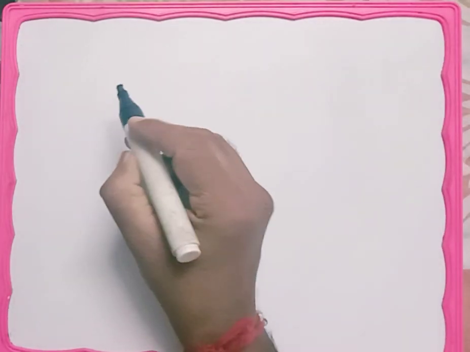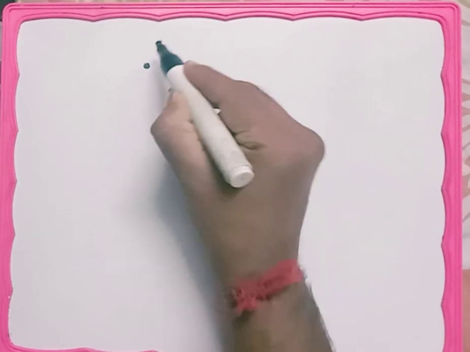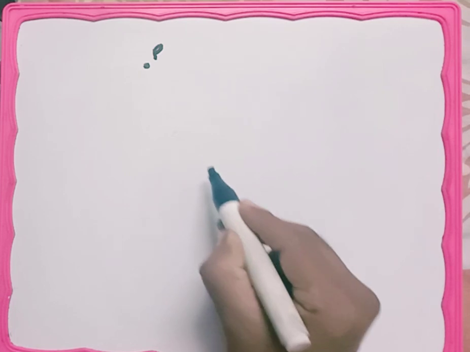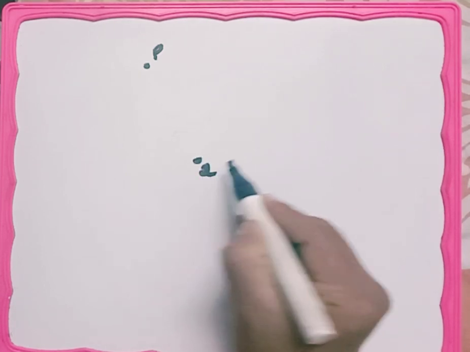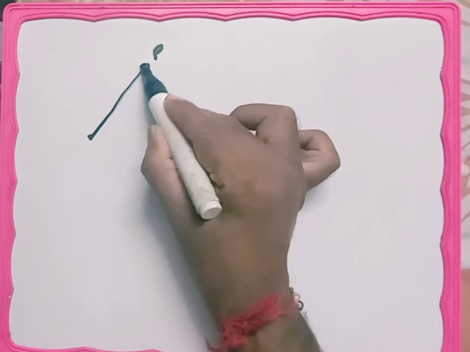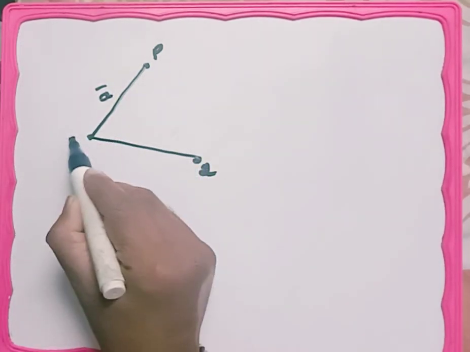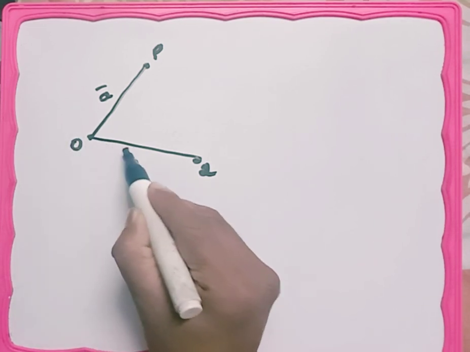Now we will study the section formula. Suppose P and Q are 2 points. With the origin, the vector joining P is a bar, and the vector joining Q is b bar.